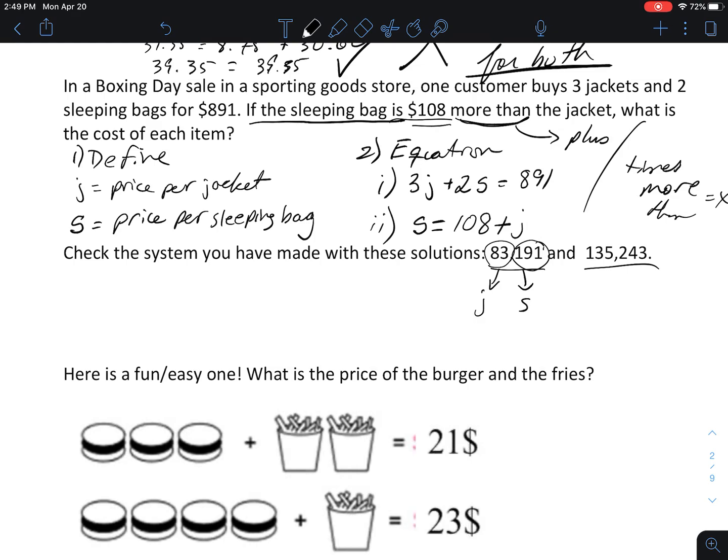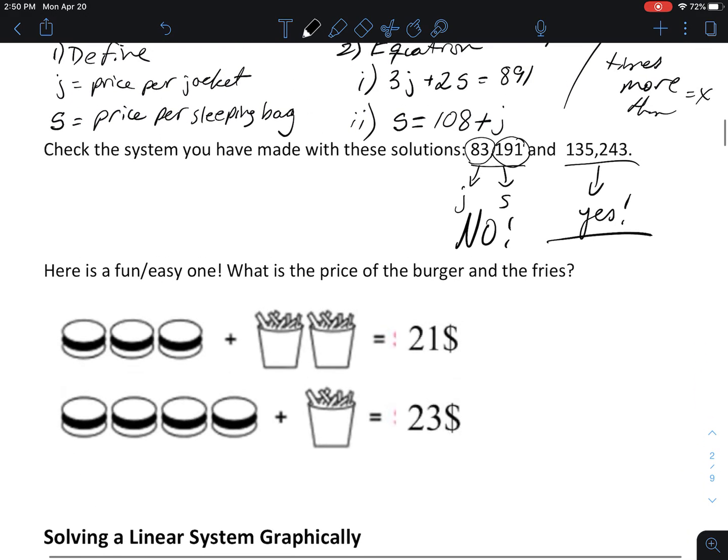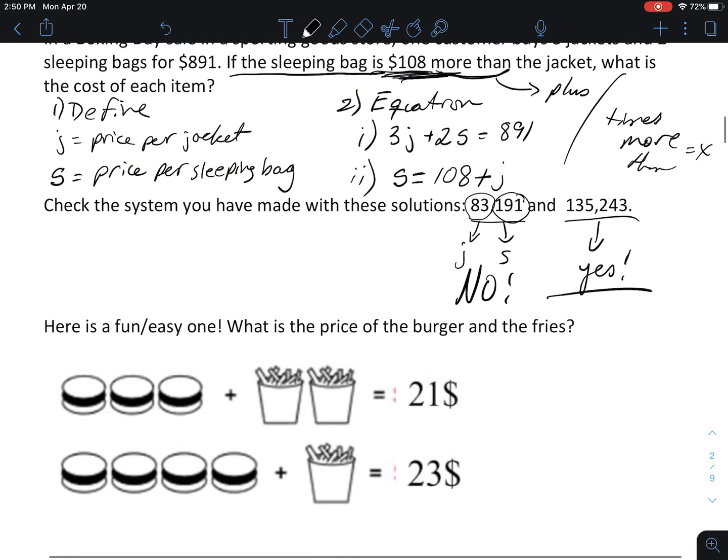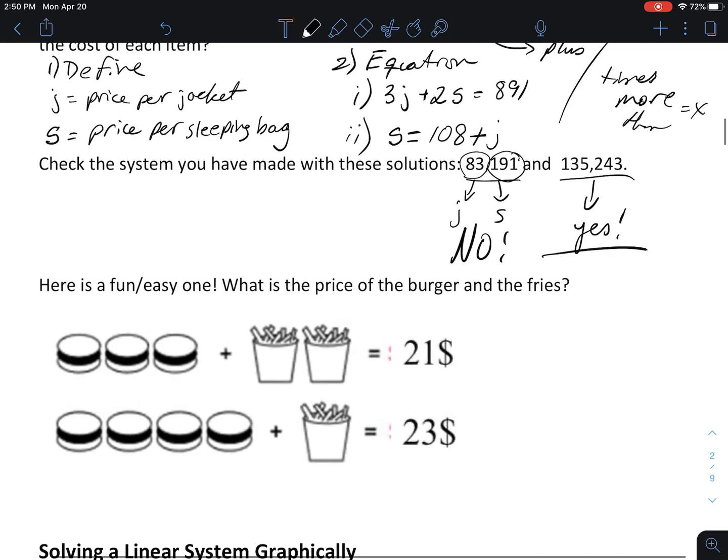How did I know that? How did I know that this one wasn't the jacket and this one was the sleeping bag? Well, it says the sleeping bag is more money, so it has to be the bigger number. Okay, and when I test those, it turns out that this one does not work, but this is the answer. So I hope you saw that.